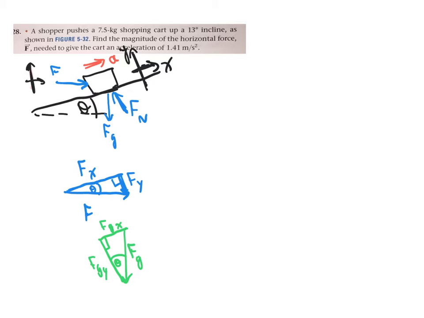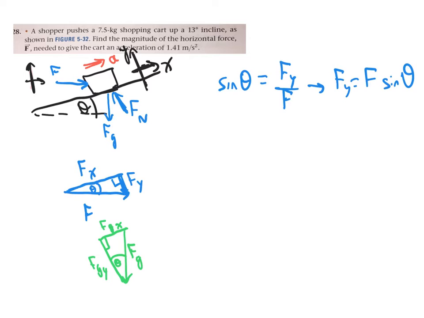So for instance, I go to this first triangle and I say that the sine of theta is the opposite divided by the hypotenuse. So for us, that's Fy over F, which I can turn around and say that means that Fy must be F sine theta.